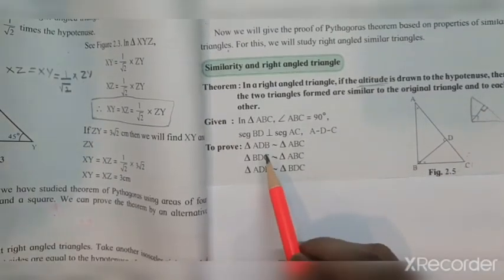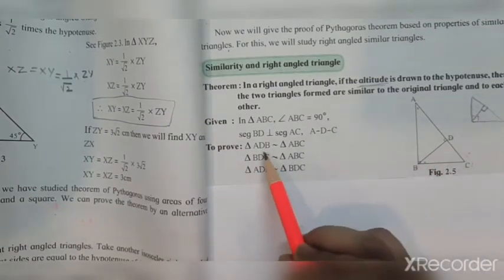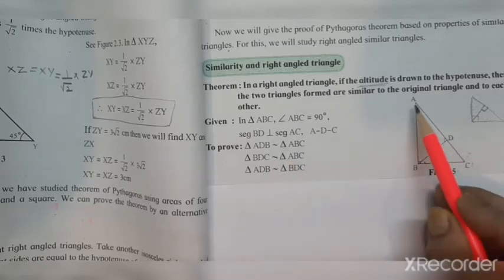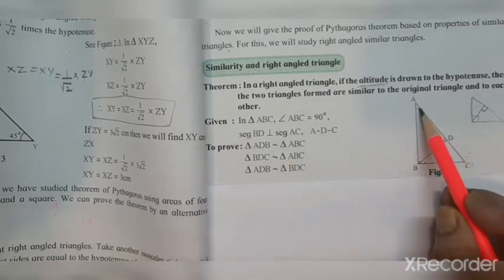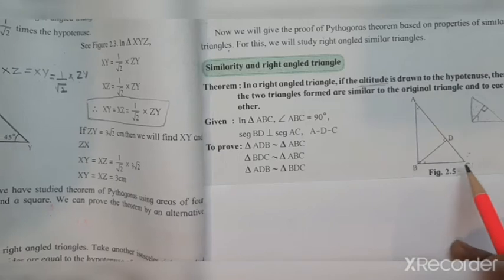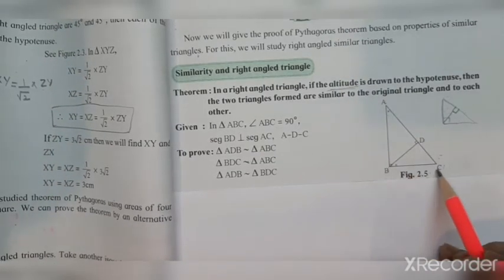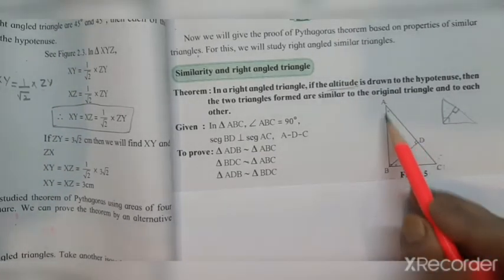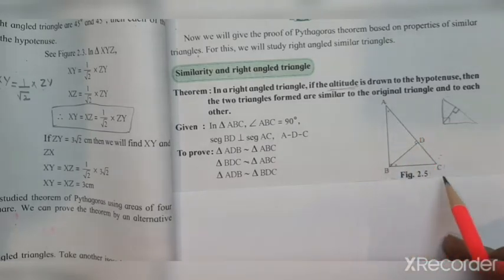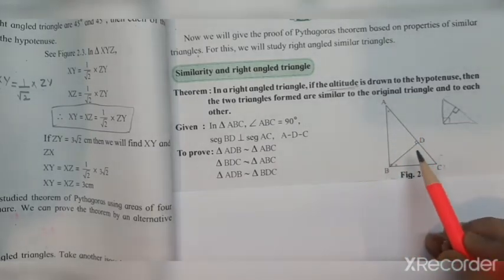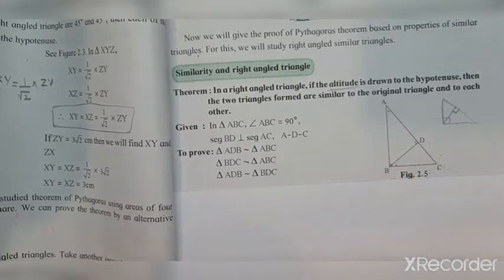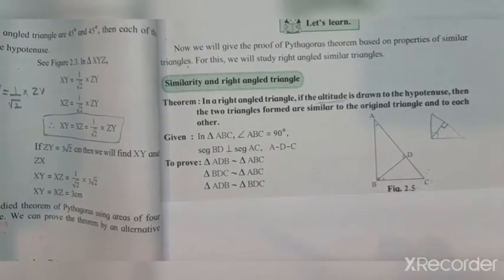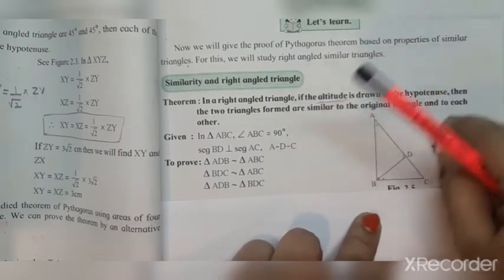So basically here what we have to prove is that ADB is similar to ABC. So this smaller triangle ADB is similar to this bigger triangle. Then this smaller triangle BDC is similar to this big triangle. And these two small triangles are similar to each other. Very important property again. So we move further.